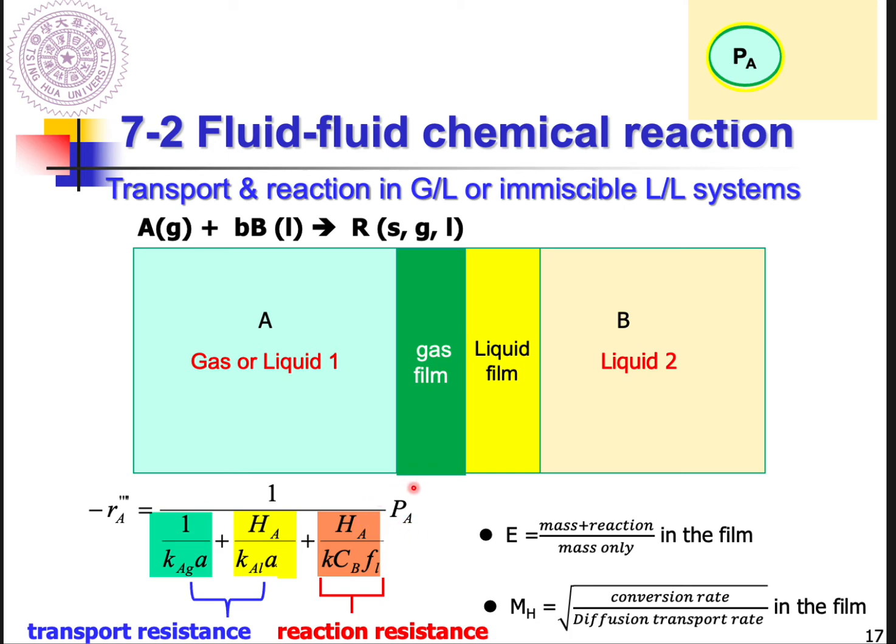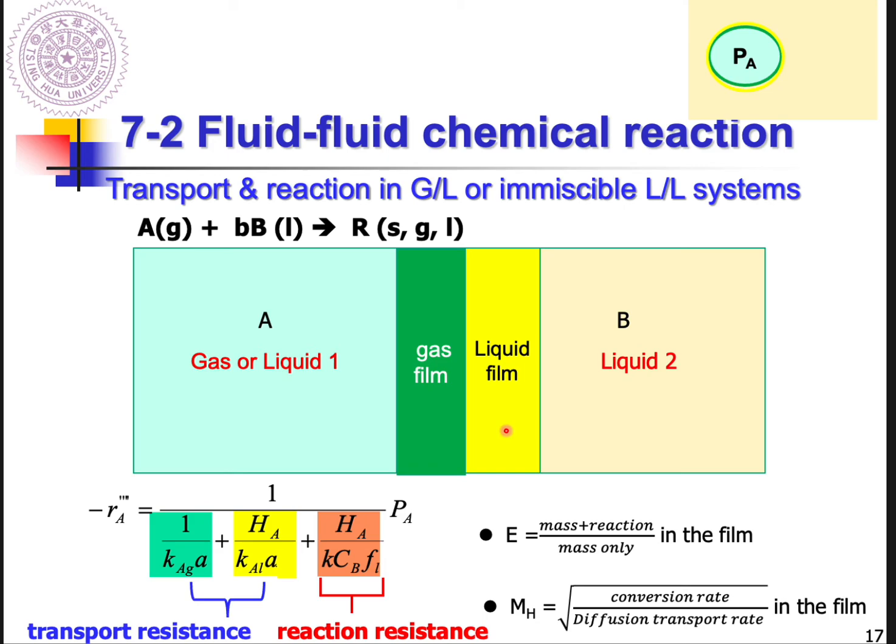The driving force is the partial pressure of gas A, and total resistance includes the transport resistance in gas feed, transport in liquid feed, and reaction resistance in bulk liquid. It turns out to be a universal and beautiful result, right? To describe the rate equation of fluid-fluid chemical reaction.